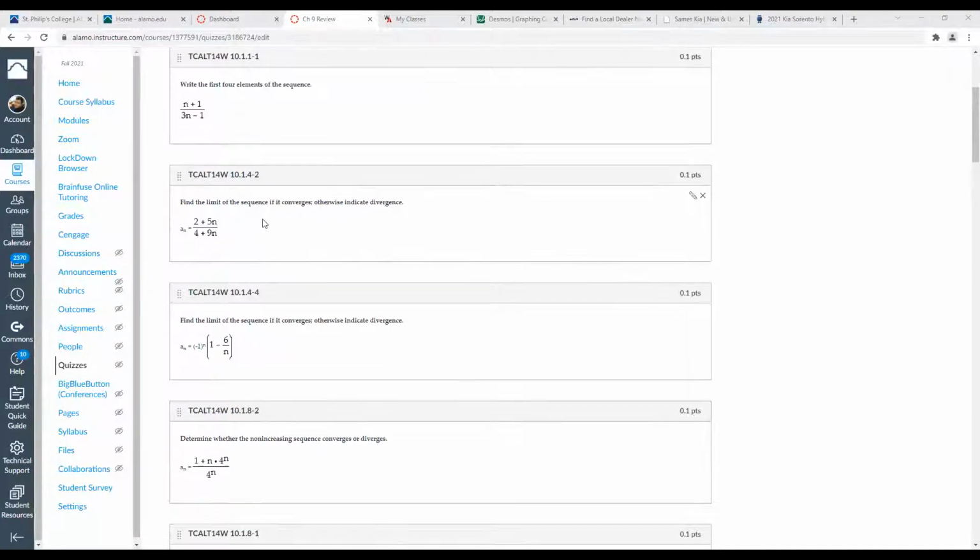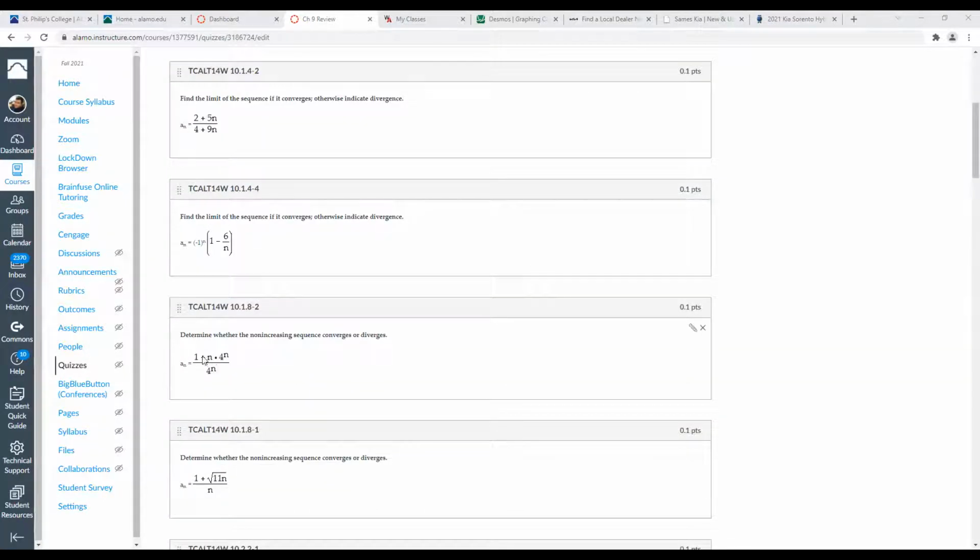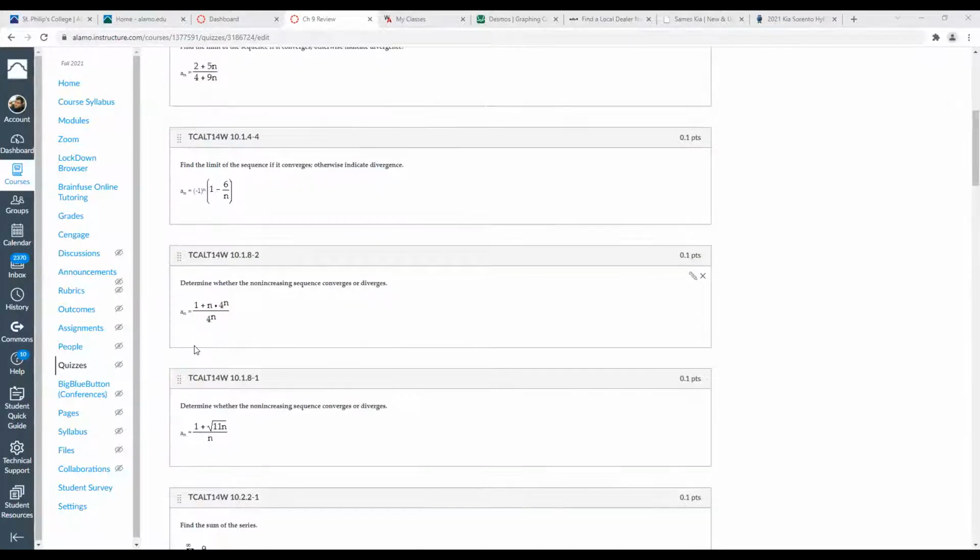Number 1, 2, 3, so 4 is another sequence. By looking at it, can you tell if it converges or diverges?